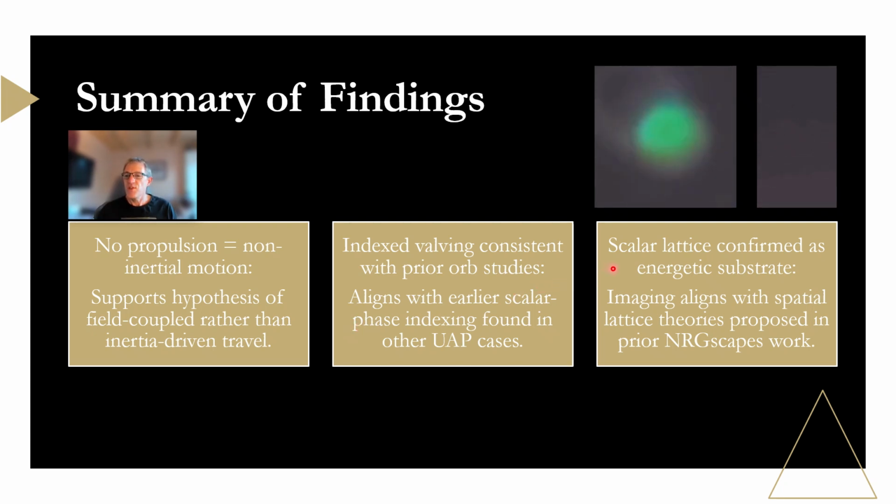And the scalar lattice is confirmed as the energetic substrate again, and imaging aligns with spatial lattice theories proposed in our prior NRGscapes work. So all of this current work with this acquired data set for imaging aligns with a lot of our previous work on UAP, and this overall unified field concept that seems to underlie most, if not all, UAP phenomena. I would also hesitate to say all forms of UAP and object types, not just orbs and orb-like craft and objects.